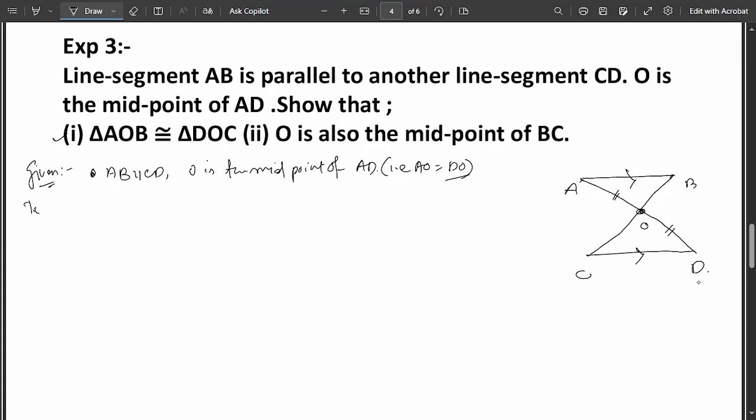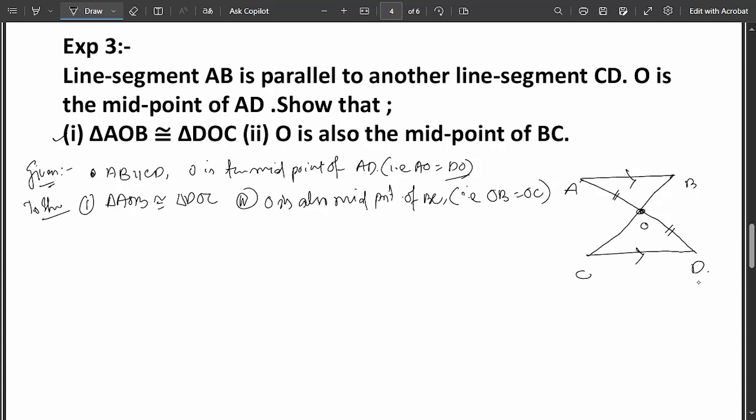Now what do I have to show? First, triangle AOB is congruent to triangle DOC. Second, O is also the midpoint of BC, that is, we have to show OB equals OC. So let's start the proof. If you prove the first one, the second is automatic.